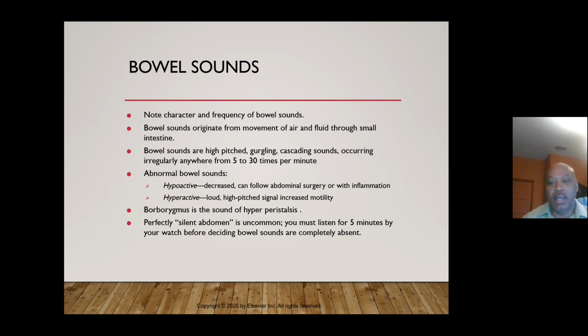And what this is is hyperperistalsis. I mean, the peristalsis, or that increased motility, is greater than normal, greater than what you would ordinarily see. And then, of course, you have your perfectly silent abdomen, which is uncommon.